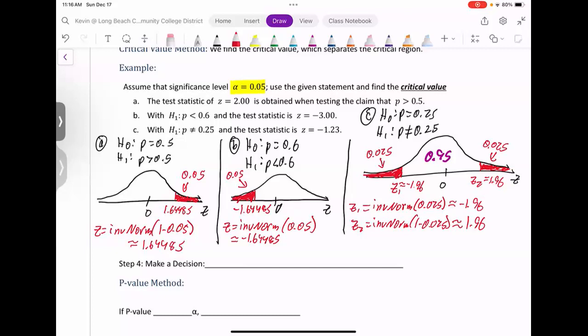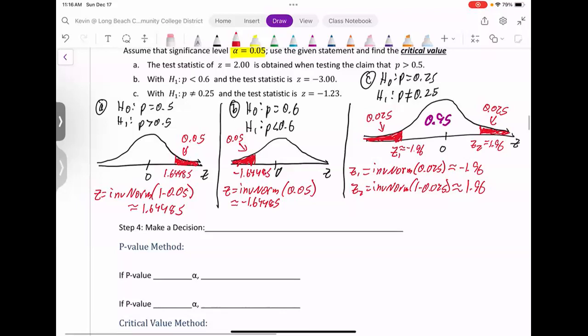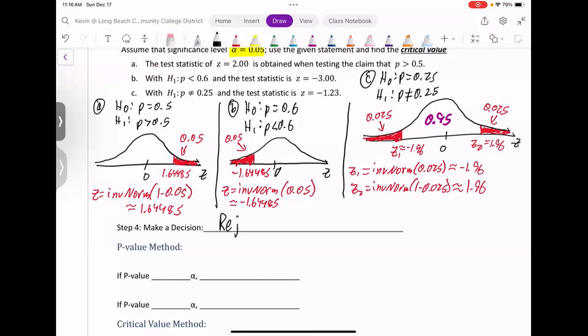Next part, make a decision. We are going to either reject the null hypothesis or fail to reject the null hypothesis. Picture the null hypothesis like in a court of law.